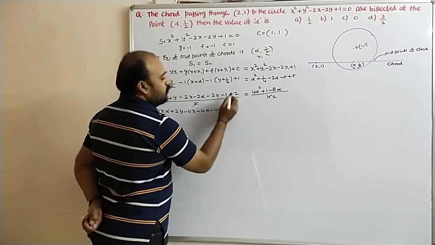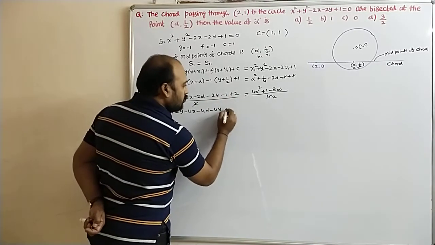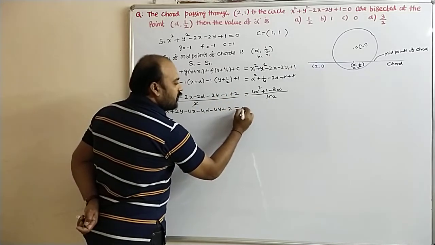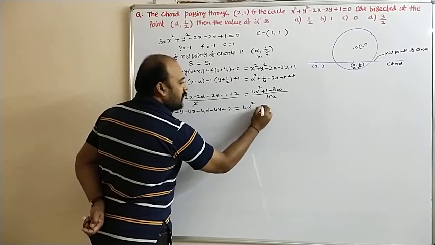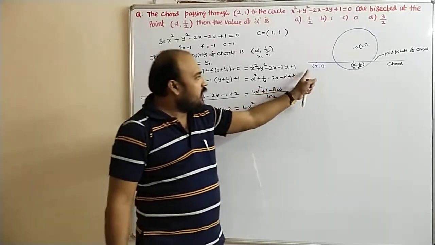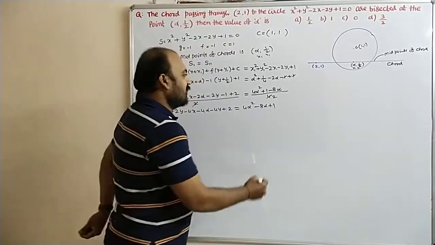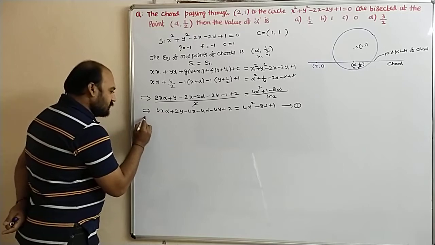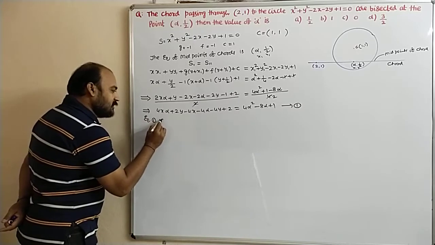Here my 2 minus 1 is 1, 1 into 2 is 2. So otherwise 4 minus 2, that is 2, equal to 4 alpha square minus 8 alpha plus 1. This equation again passing through 2 comma 1 now. This equation 1 is passing through.